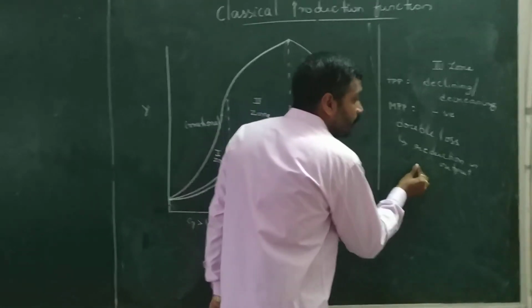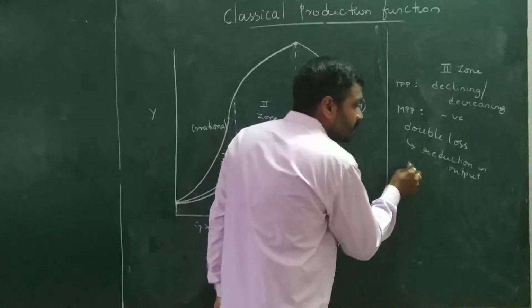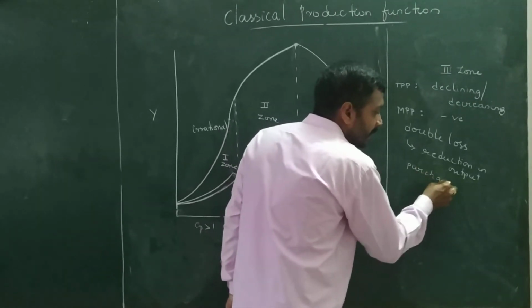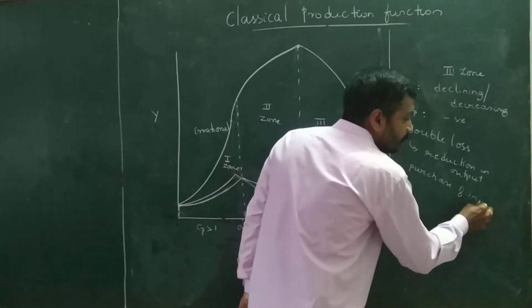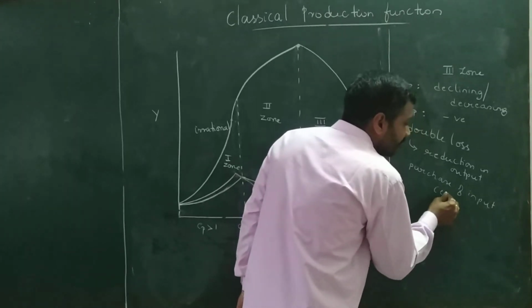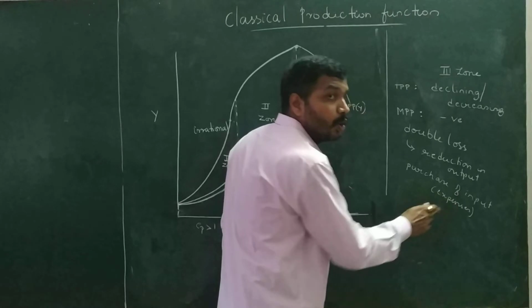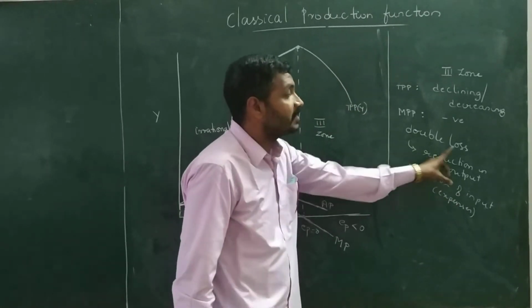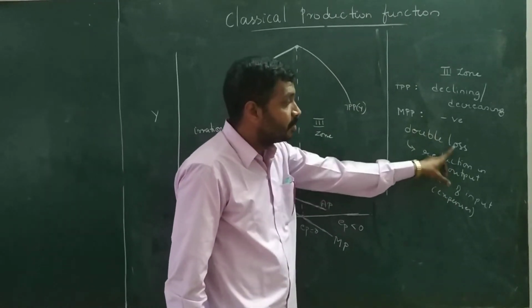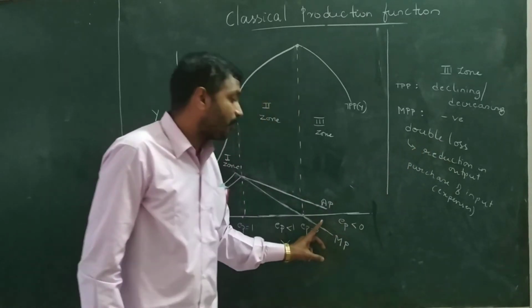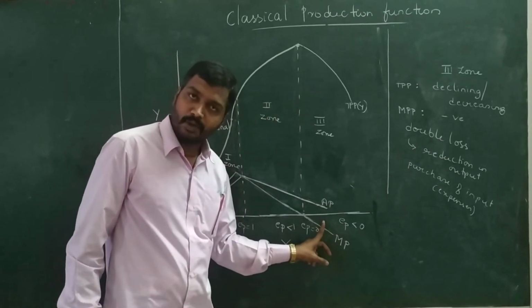The second type of loss is the purchase of input, the expenses the farmer makes on that additional unit of input. So it is considered a double loss if the farmer operates in this particular zone.